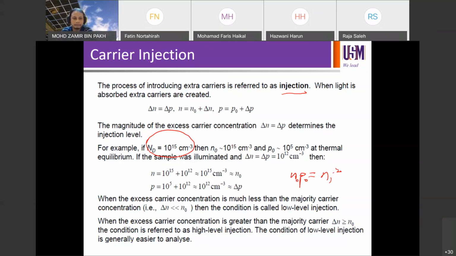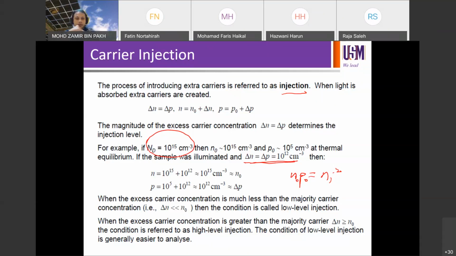So in order to calculate the new concentration of electrons and holes, we need to use the equation on the previous page, assuming delta N and delta P equal to 10 to the 12.